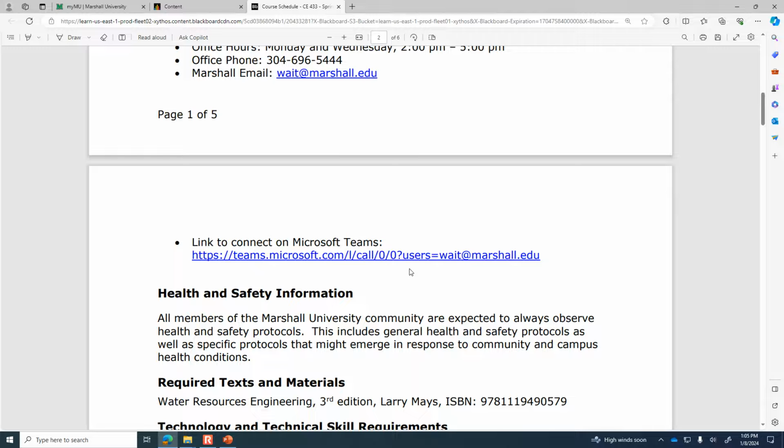We're going to use a couple of software packages in this class. One of them is called Watershed Modeling System, which is put out by a company called Aquaveo. The other software that we're going to use is HY8, which is a product of the federal government. I think it's the Federal Highways Administration that puts that out.